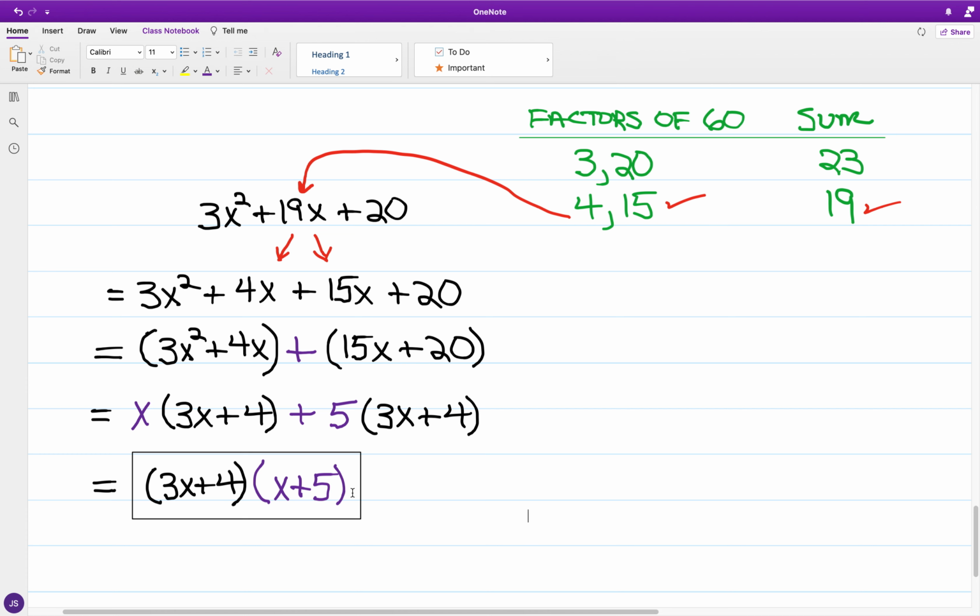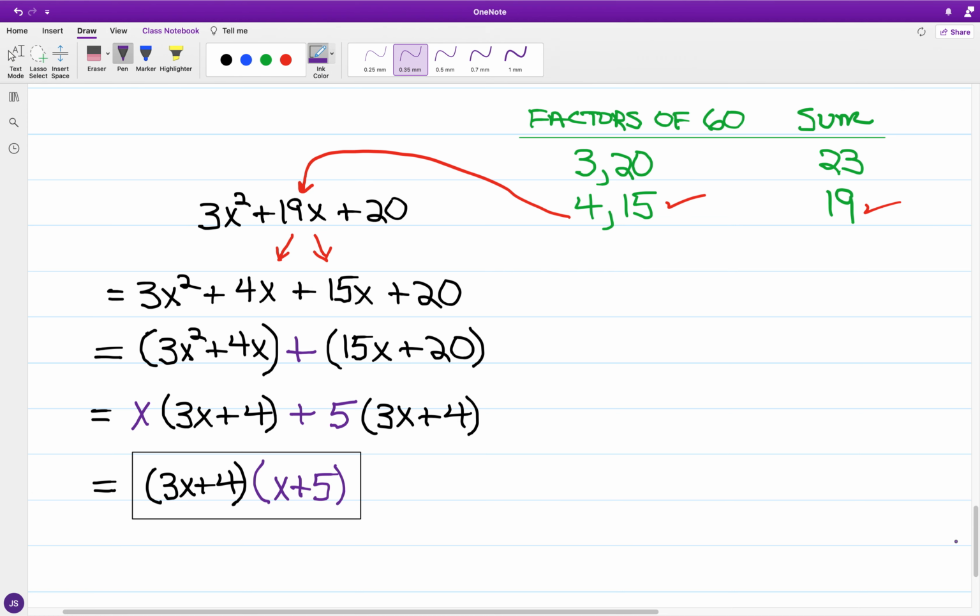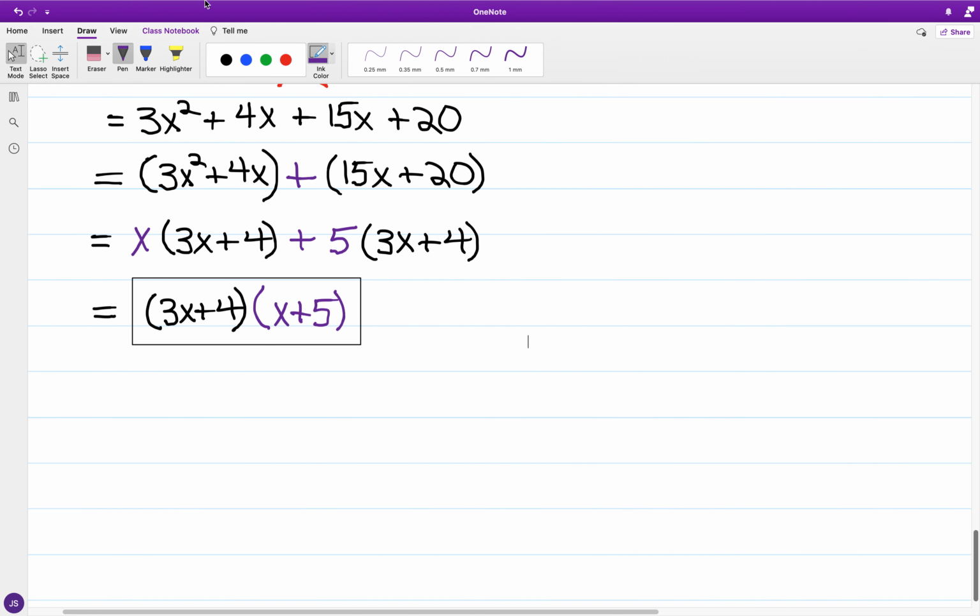Now, something that's also another case of factoring by grouping is if we had the middle term be a negative.